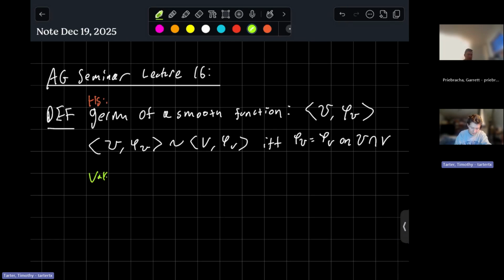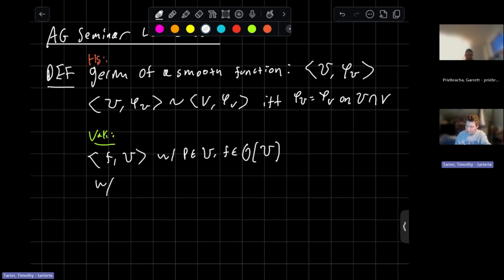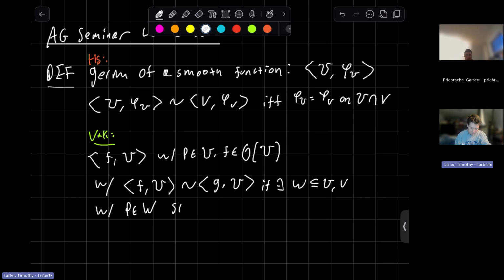The Vakil definition is that a germ of a smooth function is of the form (f, U) with a point p in U, and f in the ring of whatever we care about on U, either smooth functions or regular functions, with the relation that (f, U) is congruent to (g, V) if there exists some open set W contained in U and V with p in W such that f is equal to g on W.